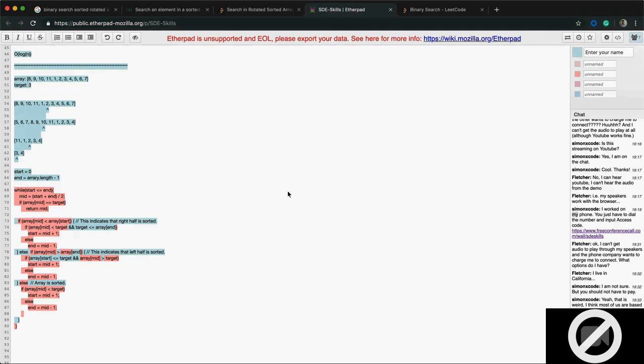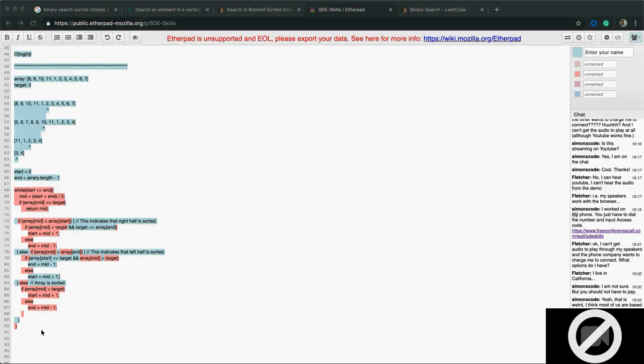Then end should be mid minus 1. Otherwise, the start should be mid plus 1. So I believe this should cover all the use cases, because this first if doesn't check if that range's last element is still correct, since it might be rotated from near the end or near the start.